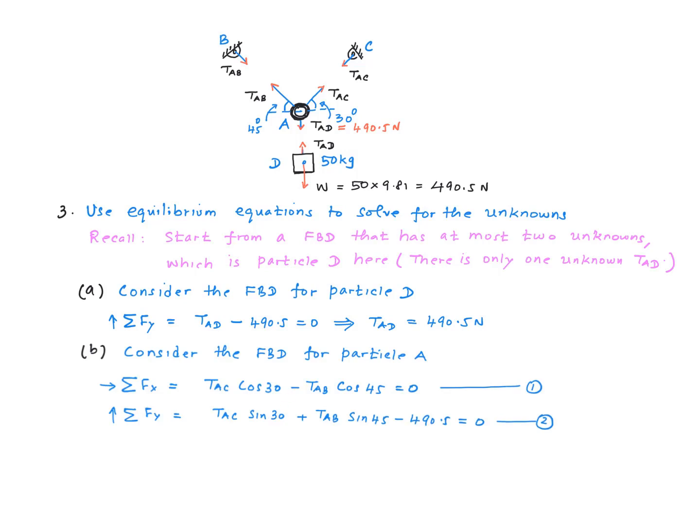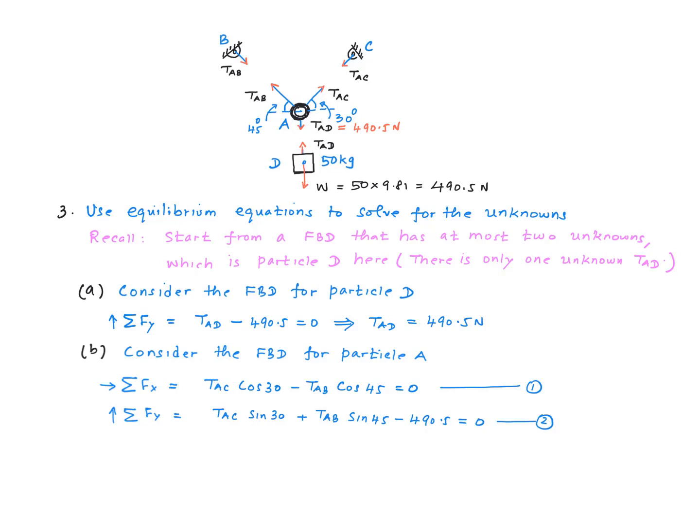So here are the two equilibrium equations I have written down for the free body diagram of particle A. Here is the equation in the x direction, here is the equation in the y direction, horizontal and vertical respectively. There are three forces involved in this free body diagram.